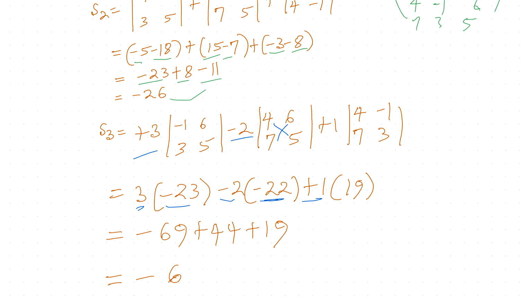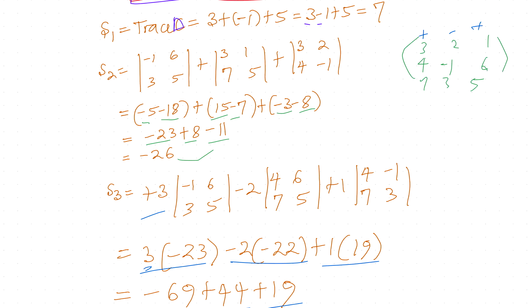So you have 3 times minus 23, minus 69, minus 2 times minus 22, that's plus 44. 1 times 19, that's 19. So minus 69 plus 44 is minus 25. Minus 25 plus 19 is minus 6. So now we have S1, the trace, to be 7, S2 is minus 26, and S3 is minus 6.